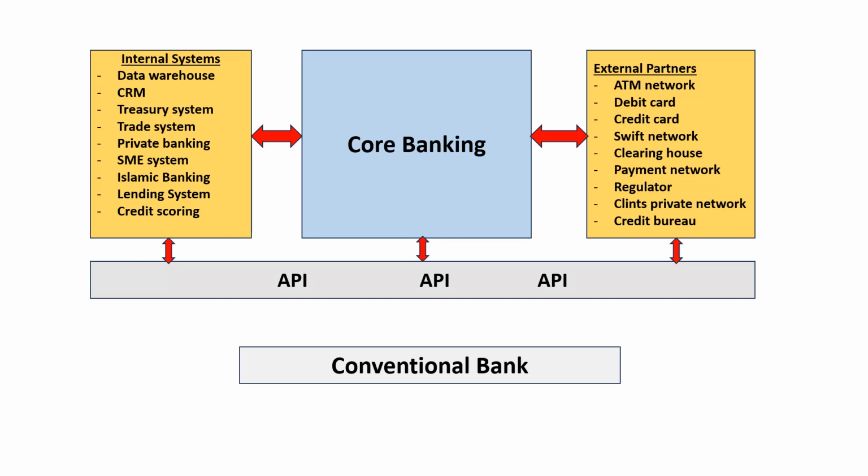Take the example of the trade system. Trade systems have a huge number of products themselves. Within the trade system, if you see how many products they have, usually between 20 to 30 products, varying from a functionality perspective.